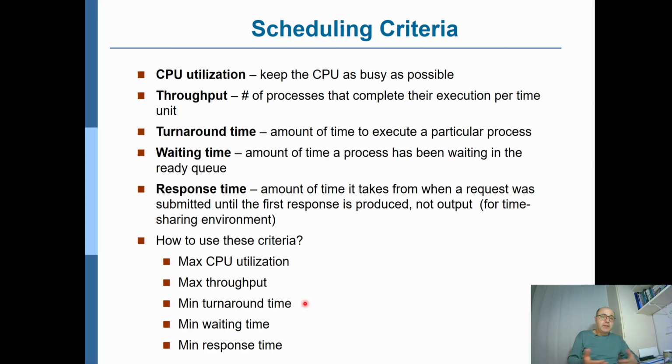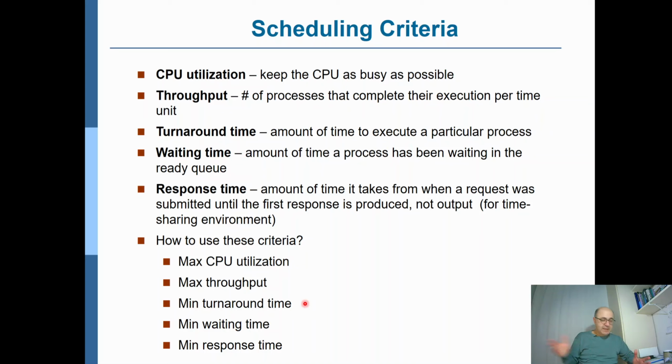That's the optimal answer. However, in that case, most of the time the CPU would be sitting idle because when the process wants to do I/O, the CPU has nothing to do. It has to wait until the process has completed I/O and now wants to execute instructions again. Similarly, the throughput would be at minimum because in the given time, you could at most finish one process because there's only one process in the system.